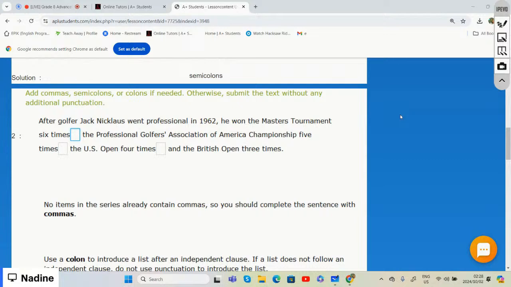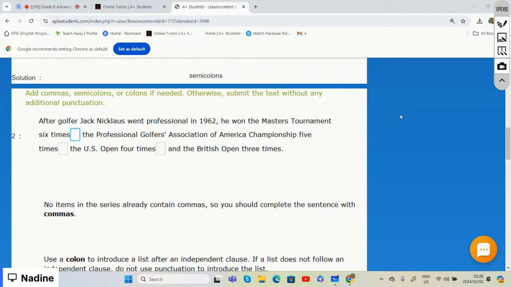And then we are going to use commas. And the reason why we are going to use commas to separate those series, right, is because they are basically telling us all the tournaments or the things that he won, right?